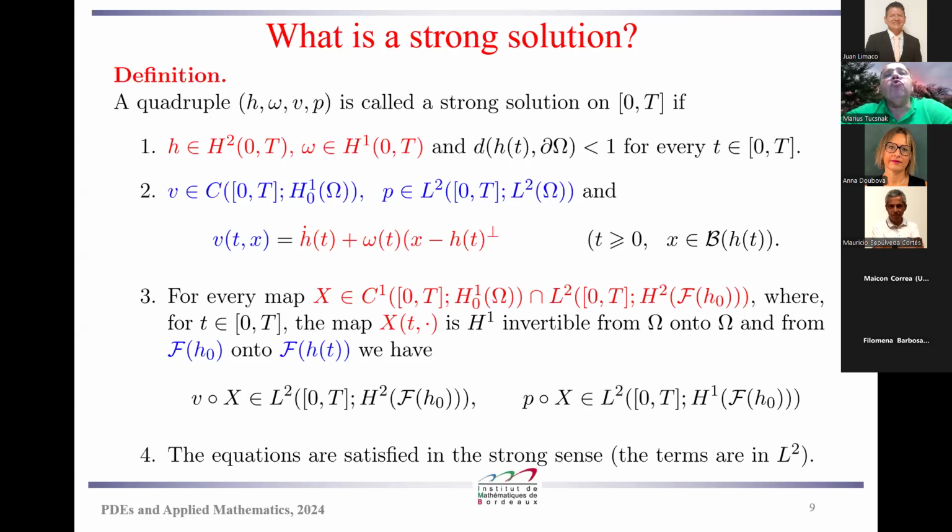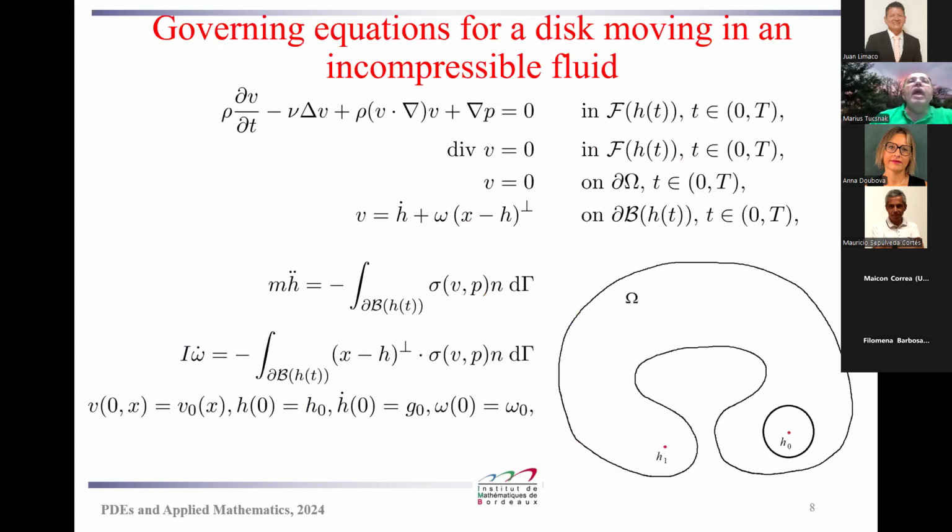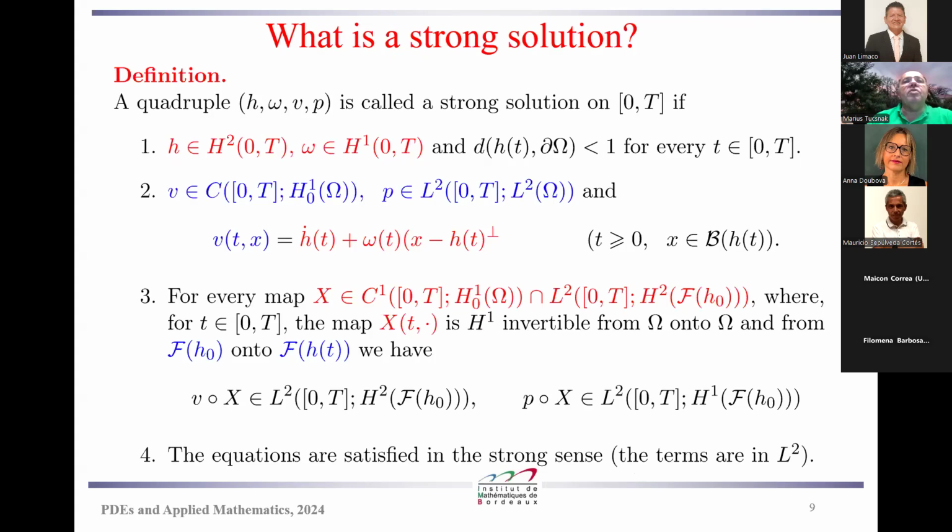And then, of course, we have to show that this definition does not depend on the choice of capital X, and this is not a difficult issue. So within these definitions, the equations which we see here are satisfied almost everywhere in x and in t. So all the terms which I see, for instance, in the Navier-Stokes equation will be in L2. So it's the same situation as for Navier-Stokes equations.